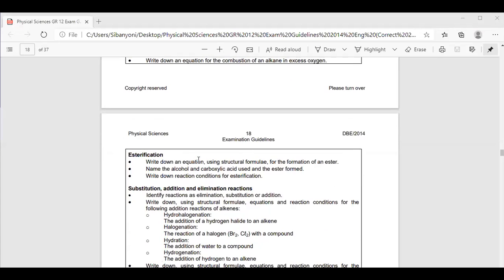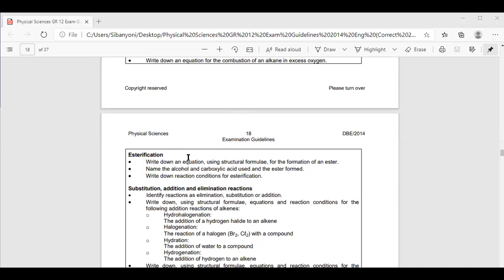esterification. Under esterification, my dear learners, we must be able to write down an equation using structural formulae for the formation of an ester. And that is where we will remember that an ester is an organic molecule that is formed from the reaction of an alcohol as well as a carboxylic acid.